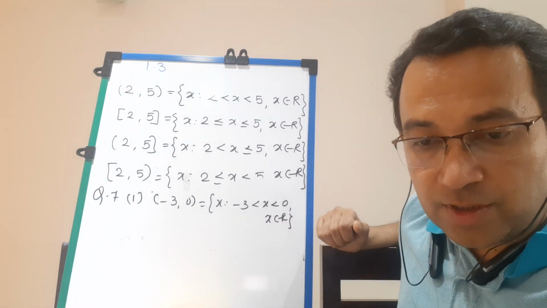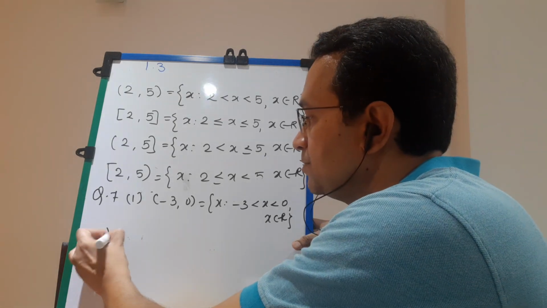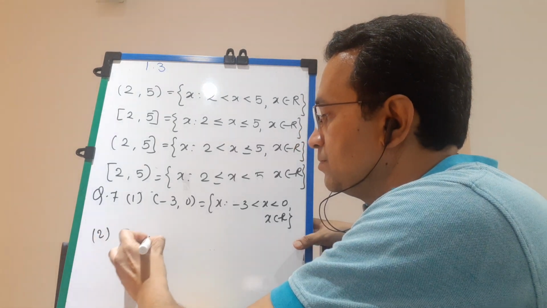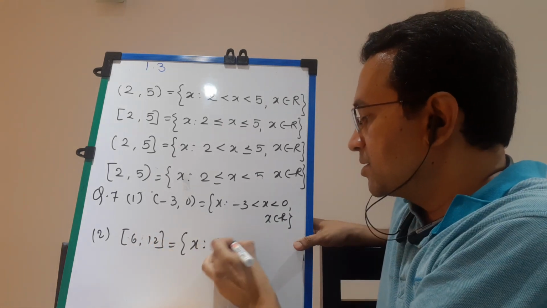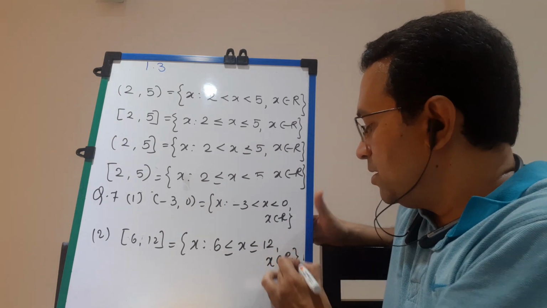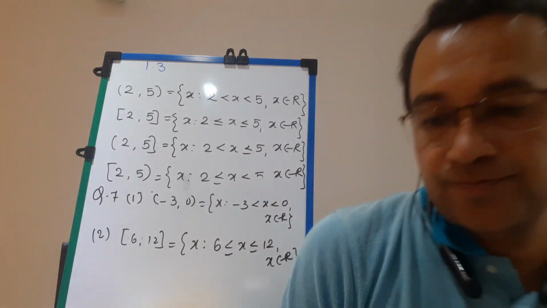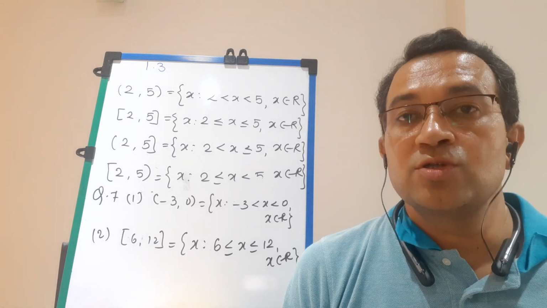Then, students, closed 6, 12. x such that 6 is less than or equal to x less than or equal to 12, x belongs to R. Then open 6 to closed 12.